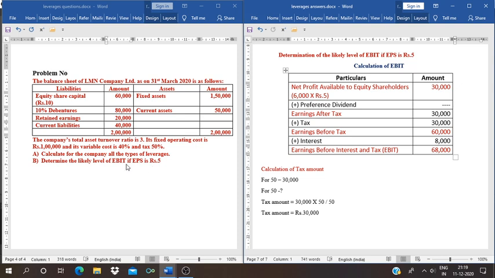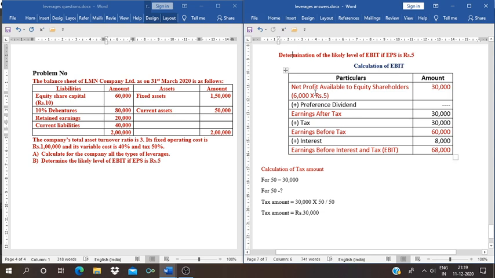So we have to calculate EBIT, earnings before interest and tax, if EPS, that is earnings per share, is rupees 5. Okay, that we are going to calculate now. See solution. Determination of the likely level of EBIT if EPS is rupees 5. Now we are going to calculate the EBIT.